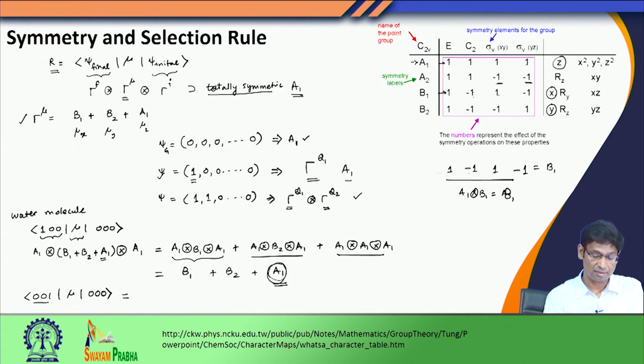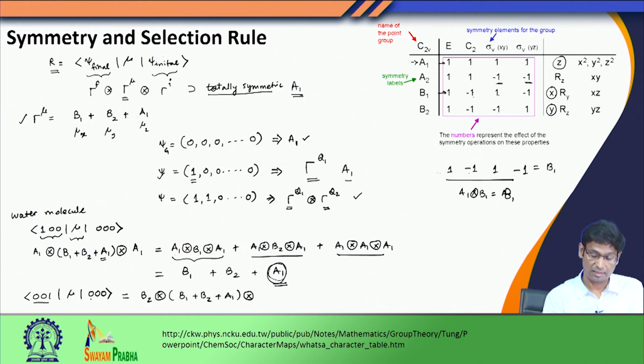You would see that the symmetry of the final state is B2, because Q3 has a symmetry of B2. This is what we derived in the previous slide. Direct product, mu has 3 symmetries, B1 plus B2 plus A1.